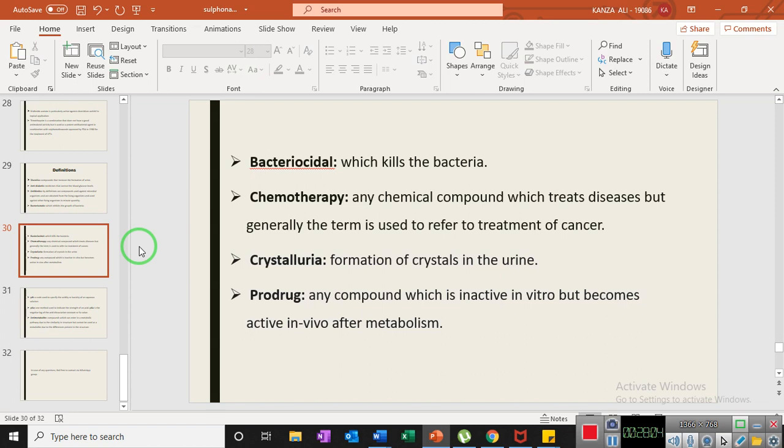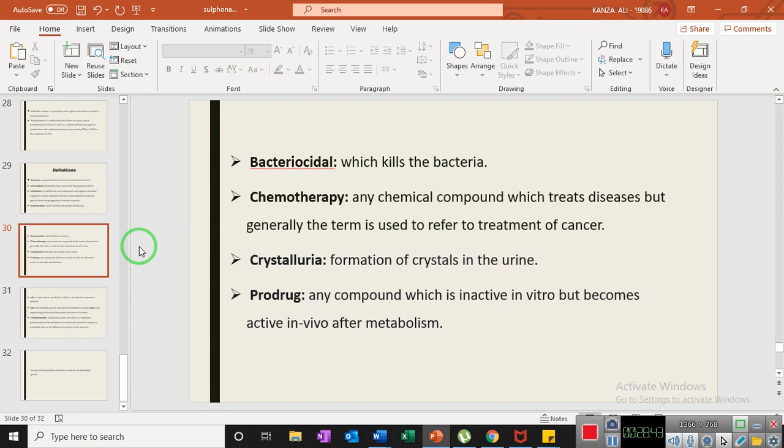And when we have used EMIA, emia, that indicates something related to the blood. Glycemia, glucose in the blood. Proteinemia, protein in the blood. Septicemia, sepsis in the blood. Anemia, what does it mean then?